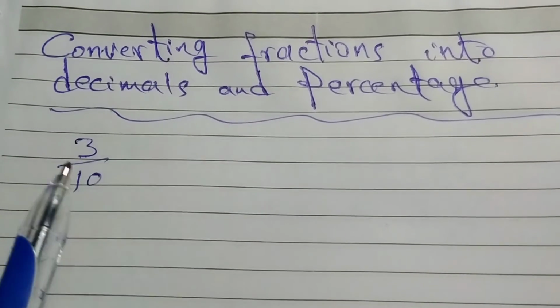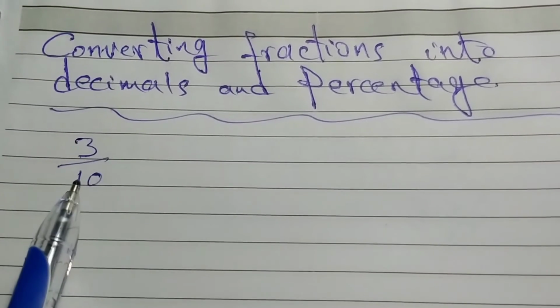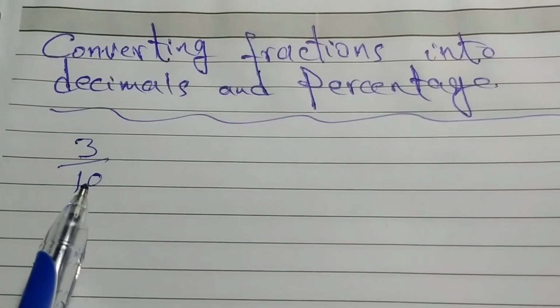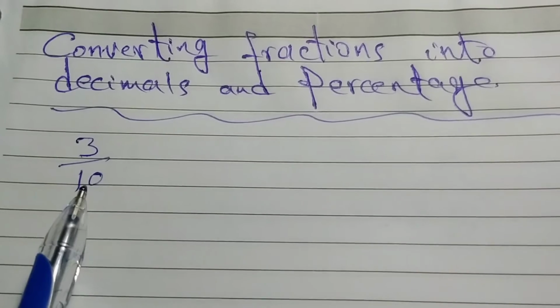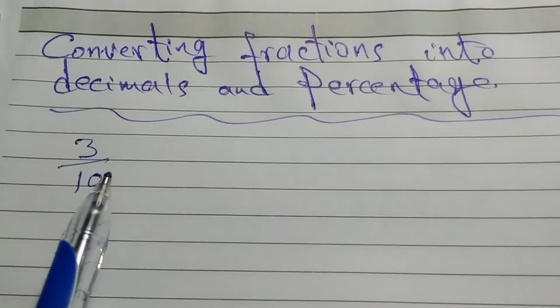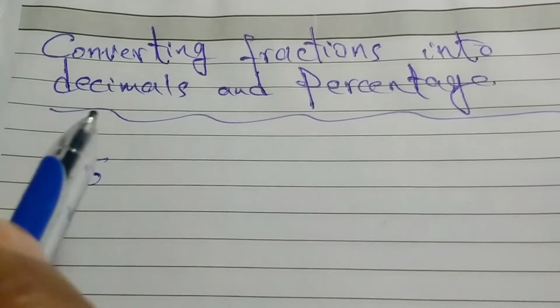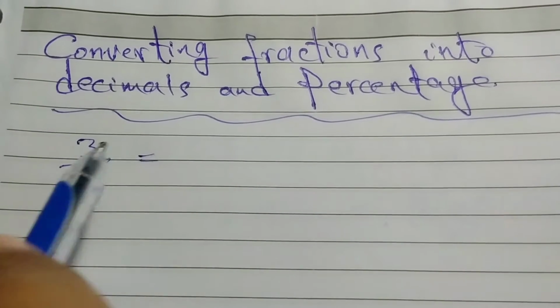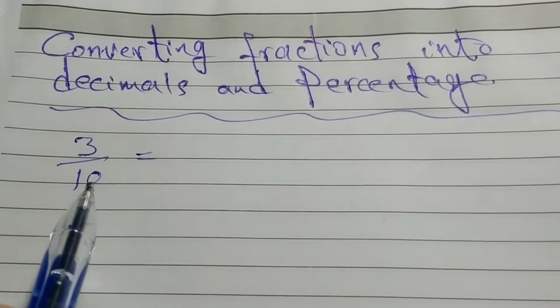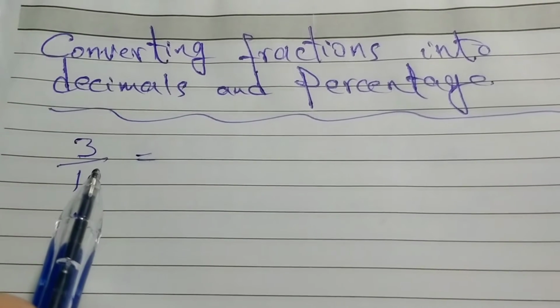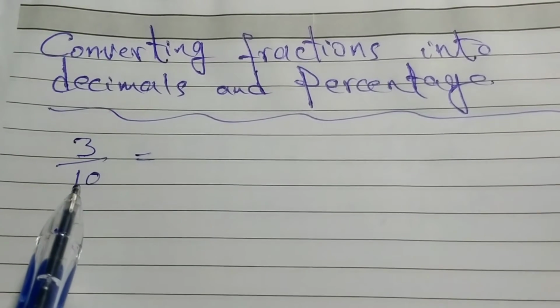If the fraction has a denominator of 10, 100 or 1000, we don't need to divide, we don't need to do anything. Just see the number and write it as a decimal. We have a denominator 10. If the denominator is 10 or 100 or 1000, we see the 0s.